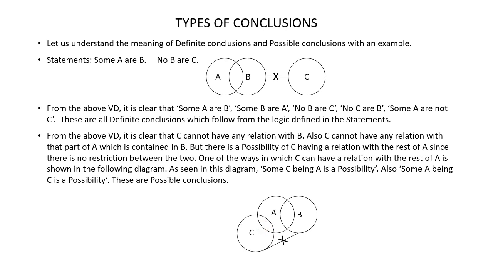Also, some A being C is a possibility. So, these conclusions, some C being A is a possibility and some A being C is a possibility, are possible conclusions. Hope you have understood the meaning of definite conclusions and possible conclusions from this example.